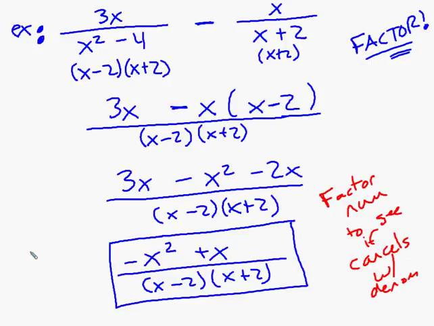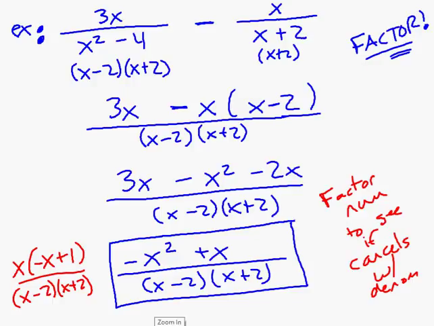So in this case, I could factor out an x, and that would give me negative x plus 1. Then I have x minus 2, and then x plus 2. Right there. And I see nothing cancels, so it ends up not mattering. All right.